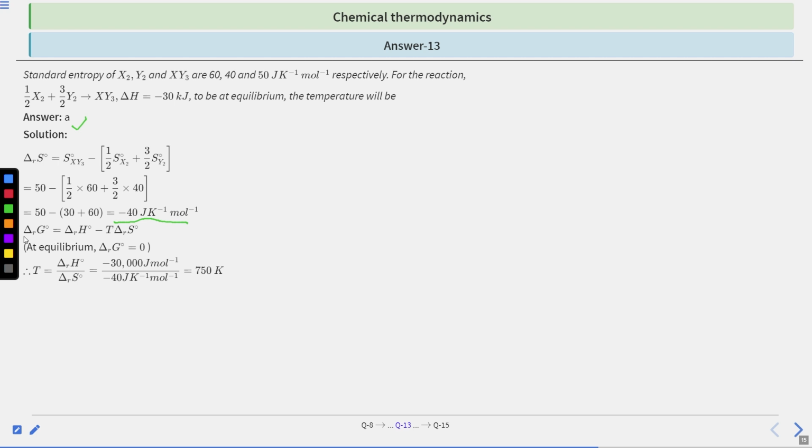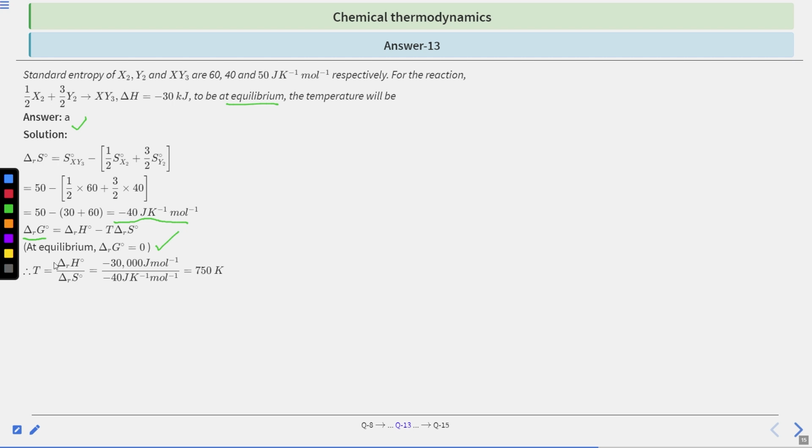And we can calculate the standard free energy change of reaction, which equals standard enthalpy change for the reaction minus T times standard entropy change of reaction. And in the question it is also given that the reaction is at equilibrium. So at equilibrium, del G is 0.